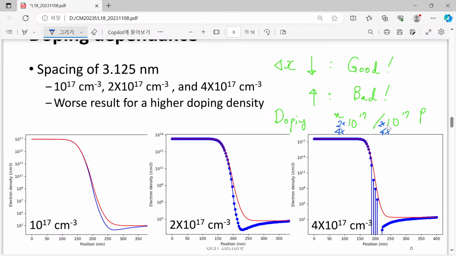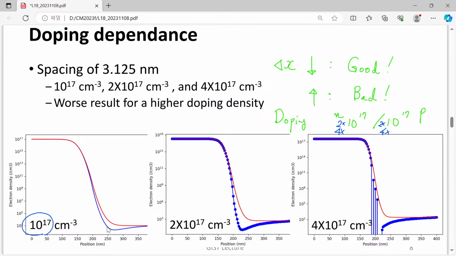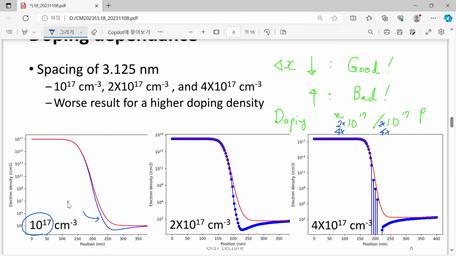When we have 10 to the 17 and 10 to the 17, in this case DD shows some differences from the nonlinear Poisson result. However, it does not show negative electron density.